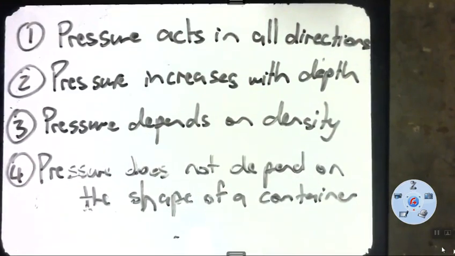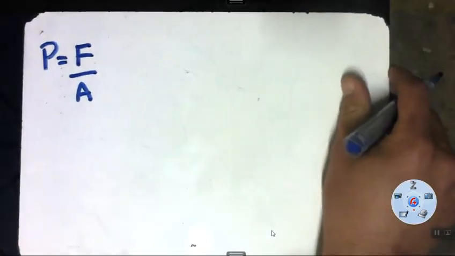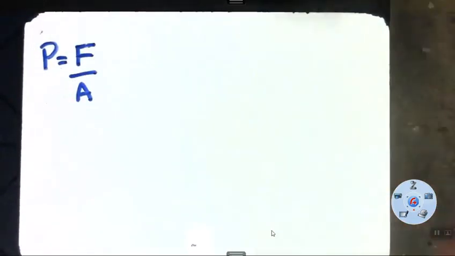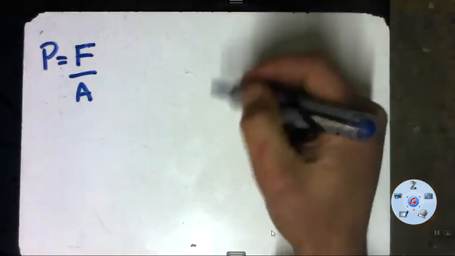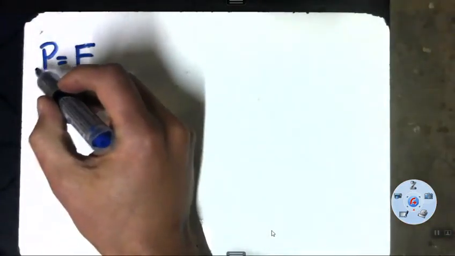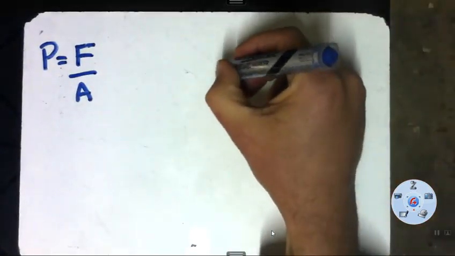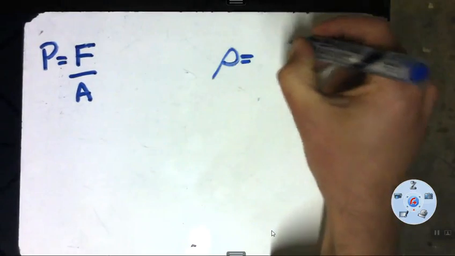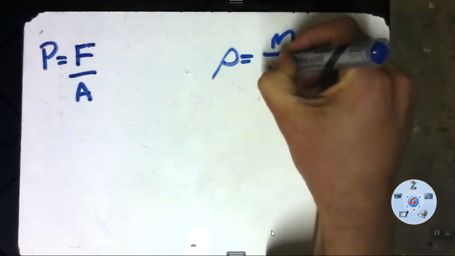So now we're going to play around and find a new equation for pressure at a certain depth. So we know that pressure is force over area, and we've said that the force can be the weight. And we know that the density is mass over volume.